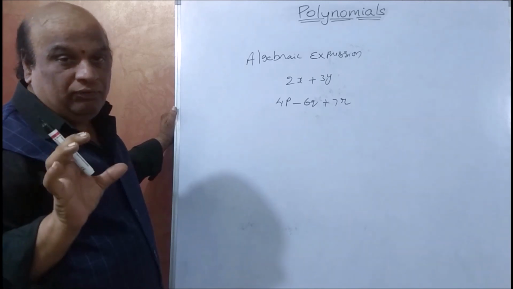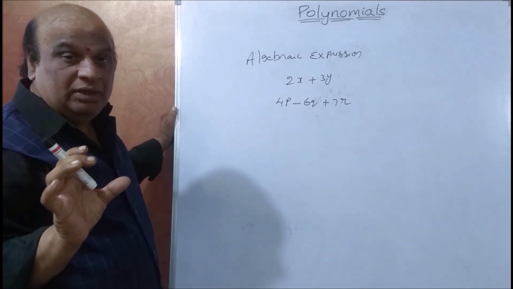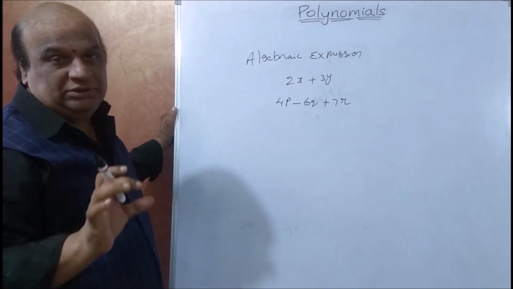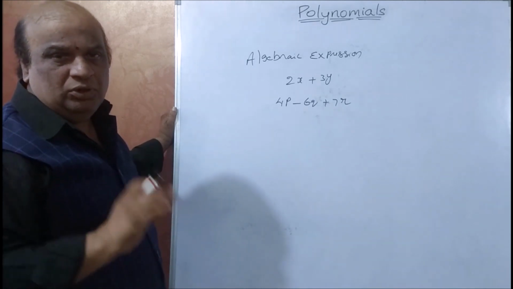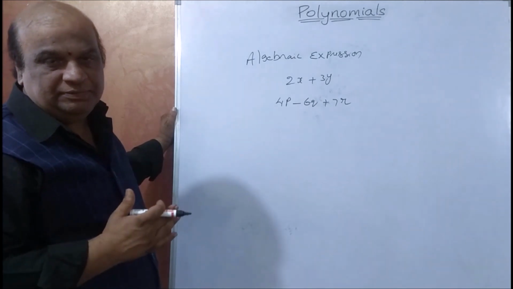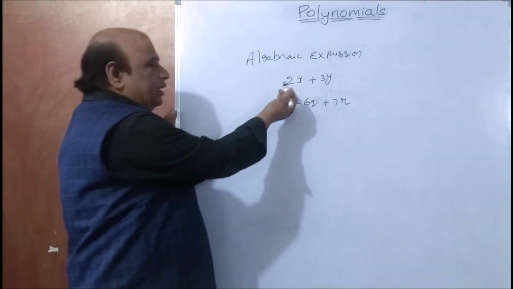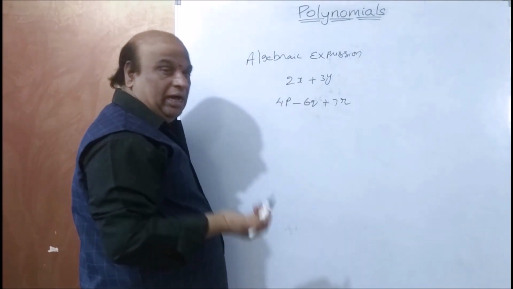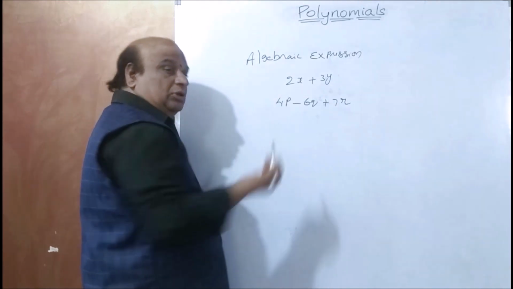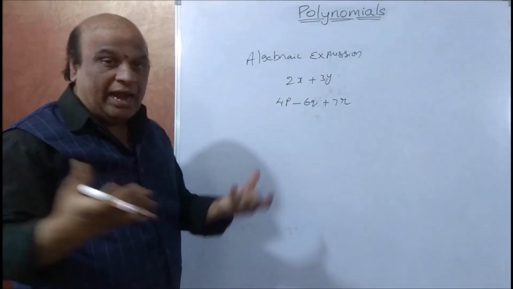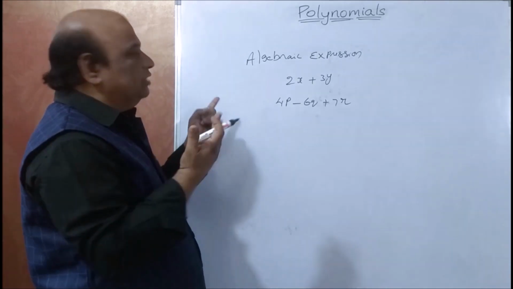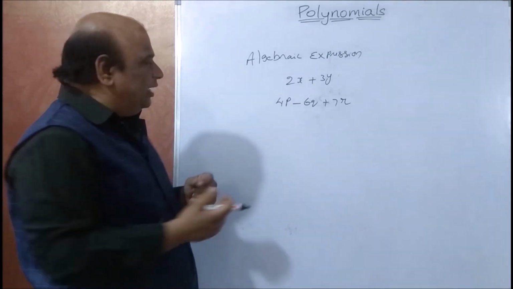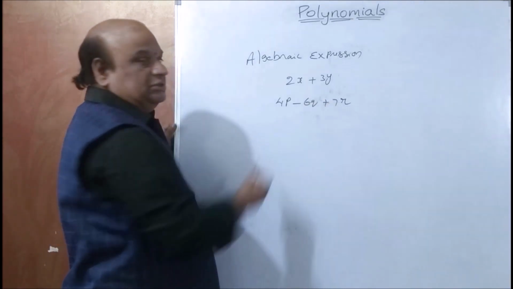What do you understand about the algebraic expression? The sum of algebraic terms is called an algebraic expression. Two or more algebraic terms. Here we are taking 2x, which is an algebraic term. 3y is also an algebraic term. We are adding the algebraic terms, then we are getting an algebraic expression. Here there are 3 terms.